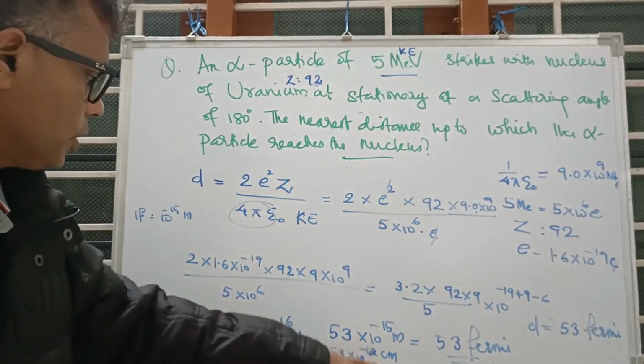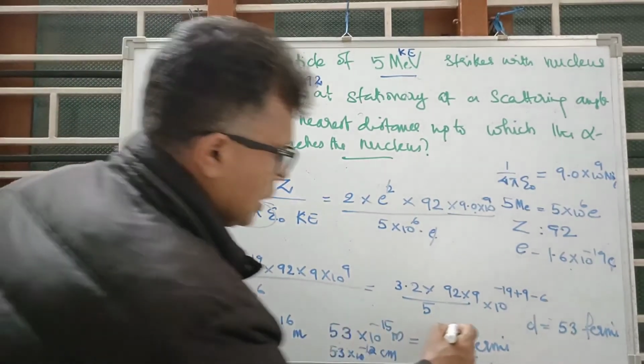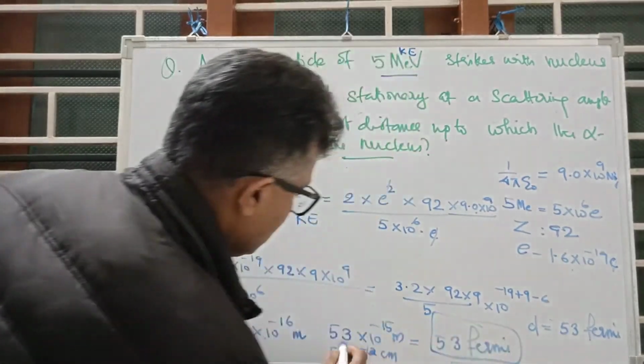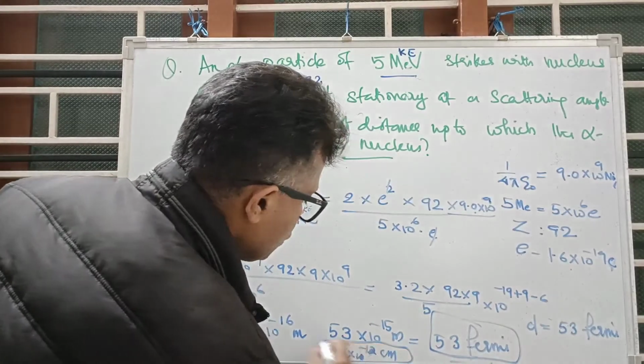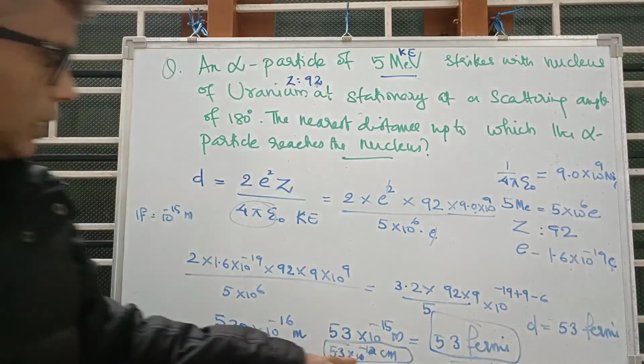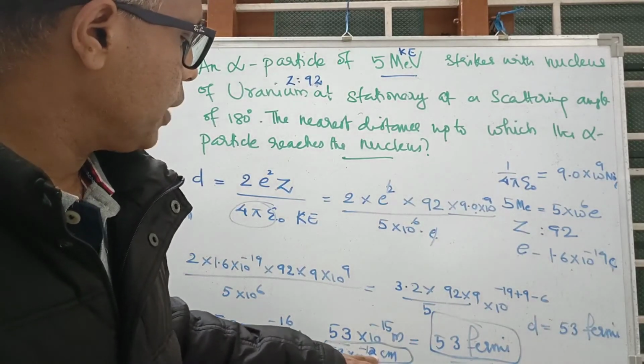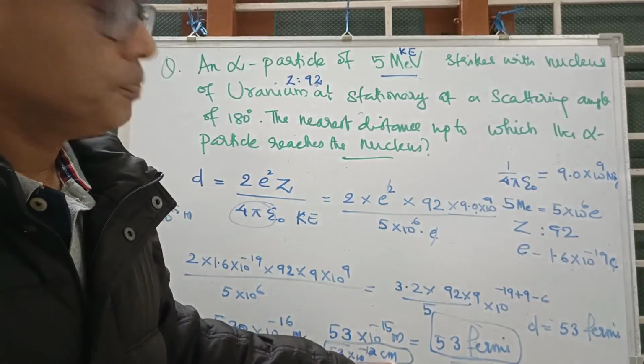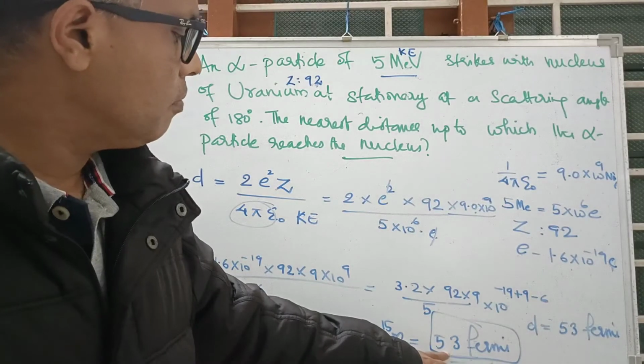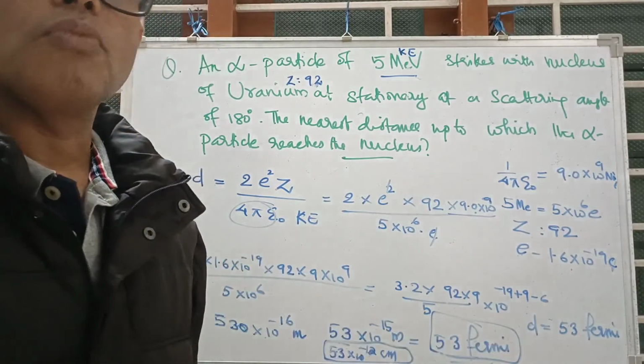So that is the best one. Either this can be 53 Fermi or 5.3 into 10 raised to minus 12 centimeters. Sometimes in the NEET exam they will ask only in 10 raised to minus 12 centimeters. So 53 Fermi, both are same.